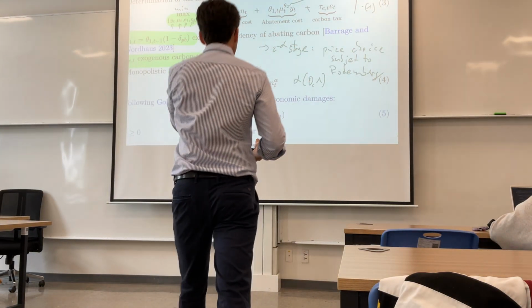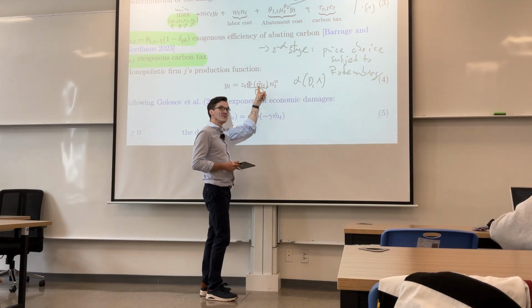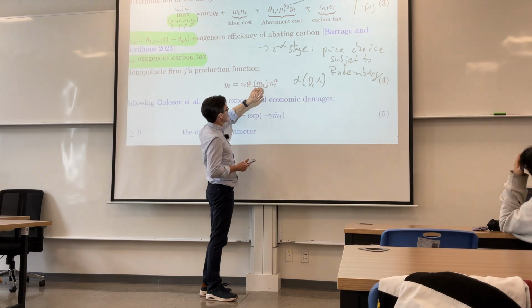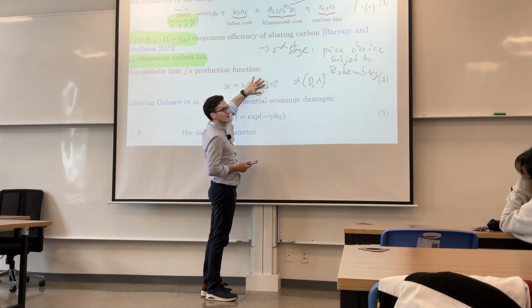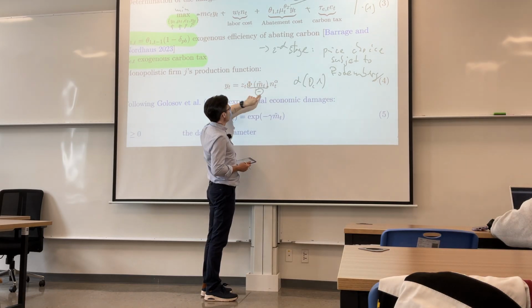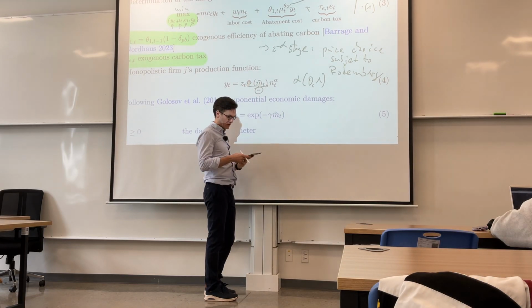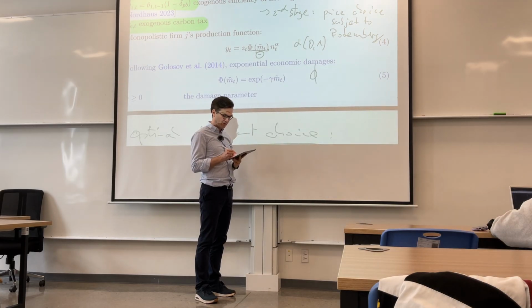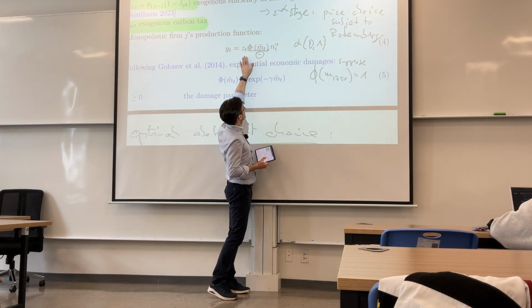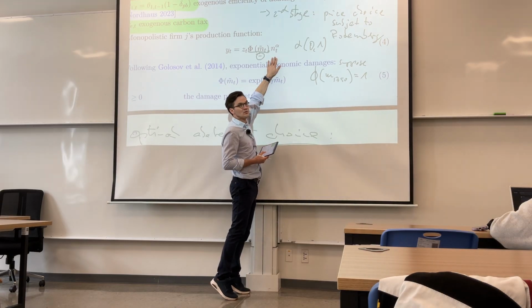Think about if carbon is at its 1750 level, the pre-industrial revolution level. Suppose you stick M of 1750 in here, and that generates phi of M of 1750 equal to 1. Then the production function looks like Ct times 1 times n to the alpha.